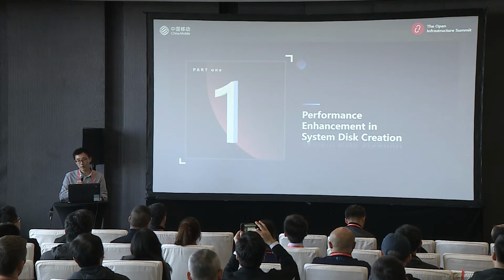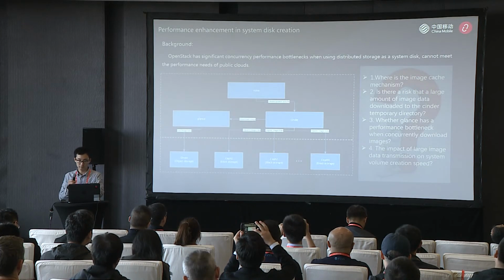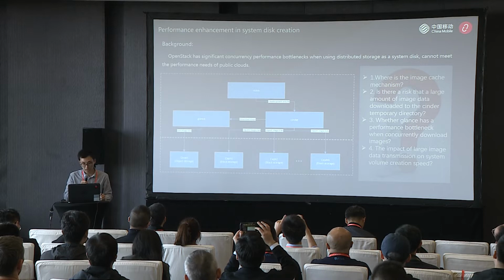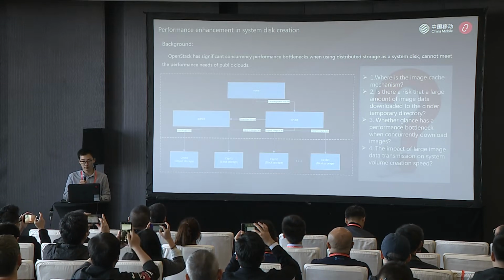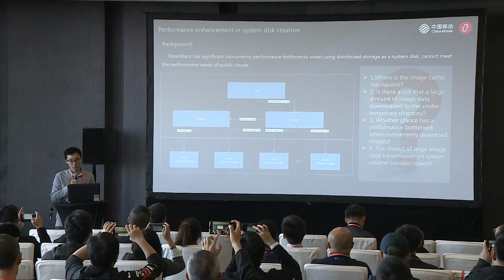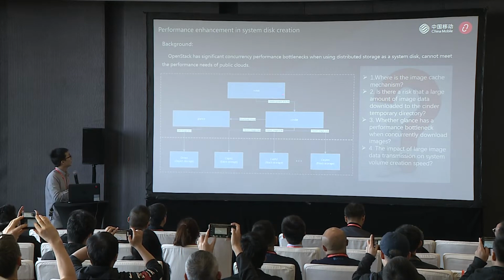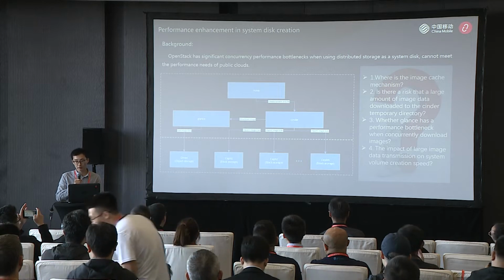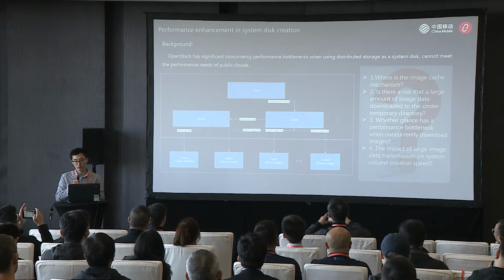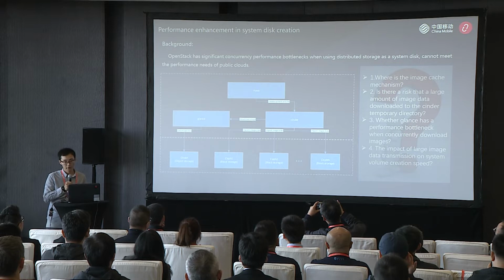Part 1 is performance enhancement in system disk creation. First, a background description. How to create a boot volume. Cinder will receive the creation request from Nova. And then Cinder volume node will download the image data from Glance to the Cinder volume node. The data is stored in a temporary directory.